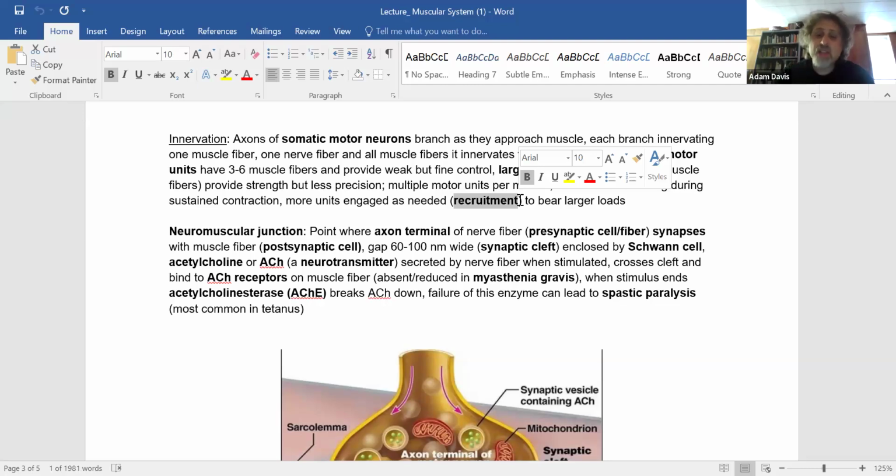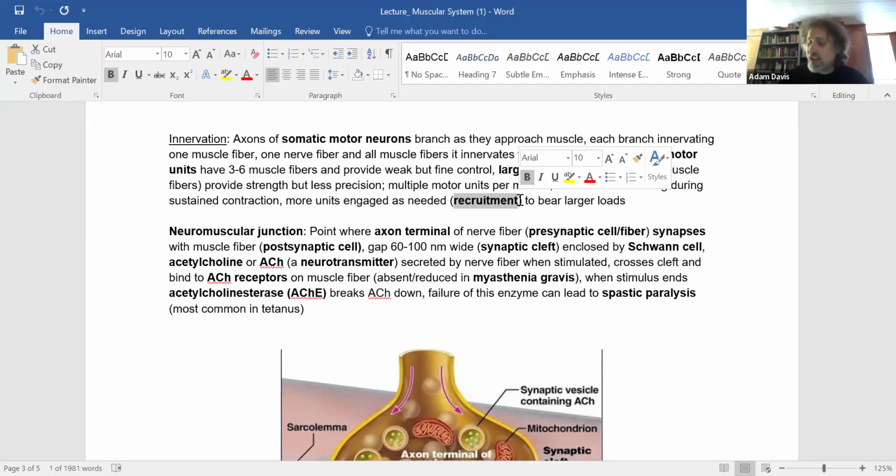And the other thing that lets us do is it means that if we're doing sustained work, if we're bearing the load for a while, and we're not engaging the entire muscle at once, we can actually shift off between motor units. If it's a sustained activity, if there are some motor units that are not yet being engaged, we can actually let individual motor units rest.